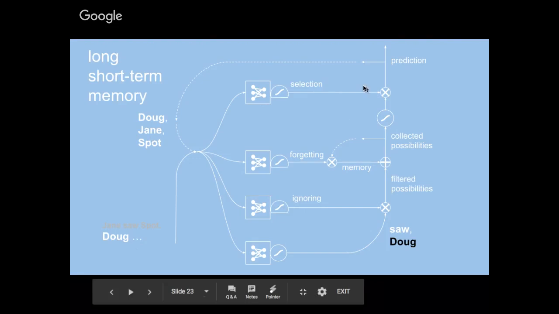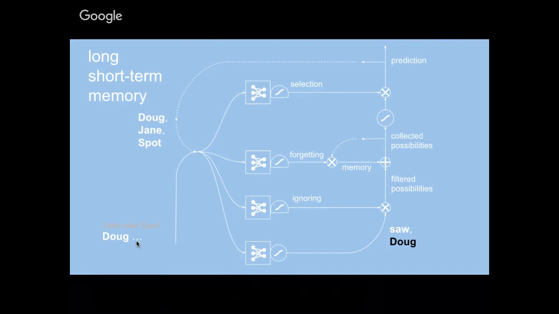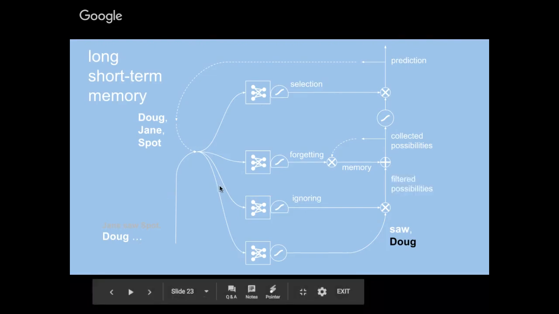The previous prediction was a noun, so it gave Doug. You want the next output to be saw because you want the sequence to be Doug saw someone. So here, what this neural network is outputting is a positive score for saw based on what it's learned, and a negative score for Doug.